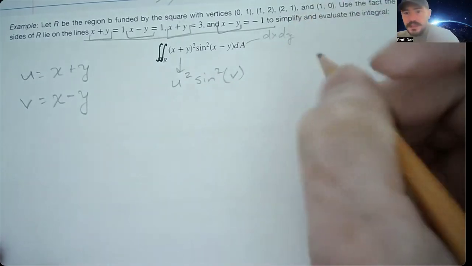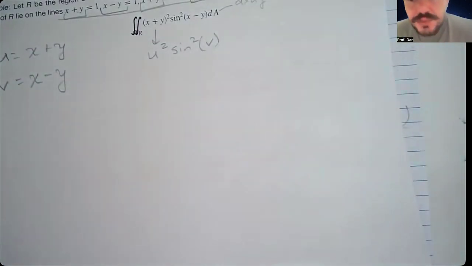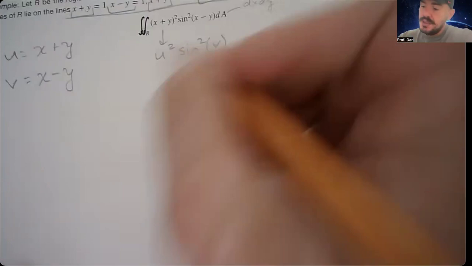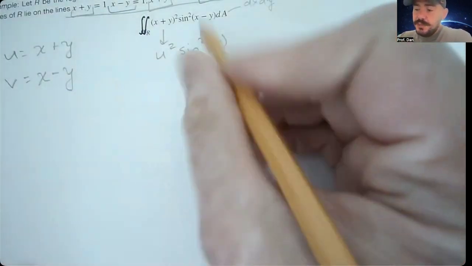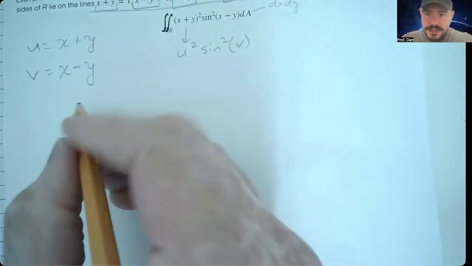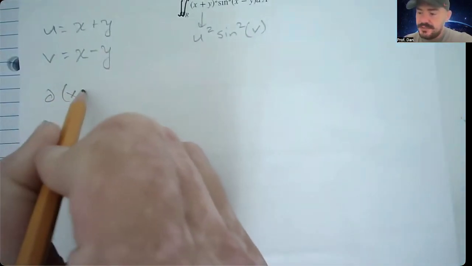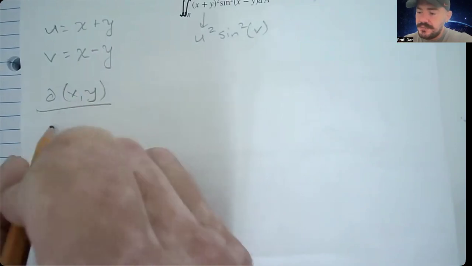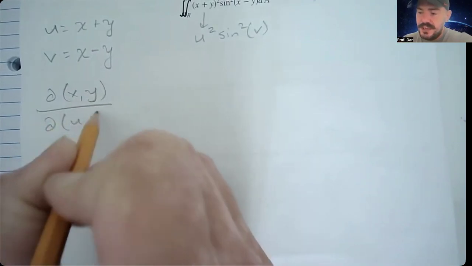Just like when we change coordinates from rectangular into any of the other ones we've learned, we have to multiply the differentials by some factor, which we now know is called the Jacobian. So we need to figure out what the Jacobian would be for this transformation. Essentially, we want to change from xy into uv.